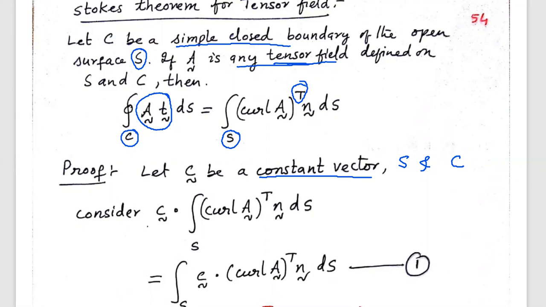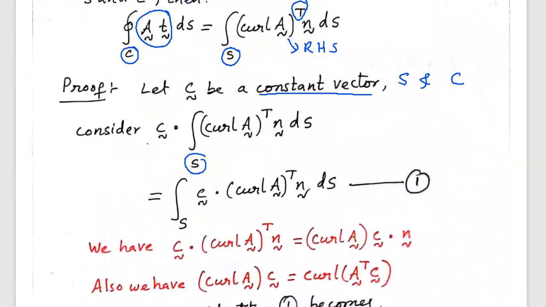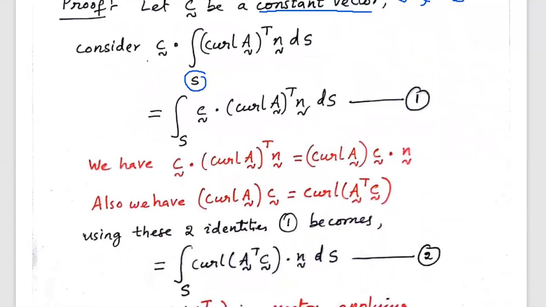So let us consider c dot the surface integral, that is the RHS of this. Let us take the RHS and take the RHS dot c. Now since c is constant, we can take this c inside the integrand. Correct? Let us call that equation 1.